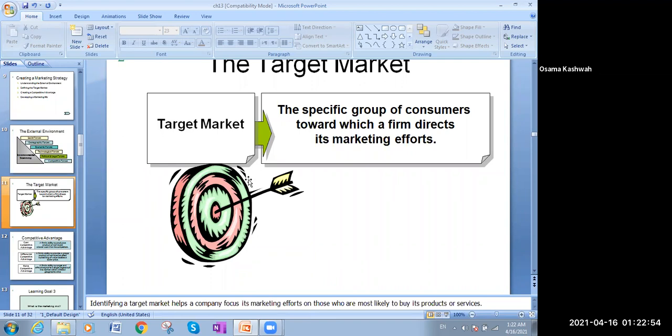Or I will focus on the west or the south. Or I will focus on a specific kind of consumers. For example, I will make a factory for kids' fashions, or I will work only on wedding dresses for ladies. So this is what we call targeted marketing. Targeted market means I'm not going to serve the whole market. It's impossible. I will take a slice or a sector of the market and I will serve it.